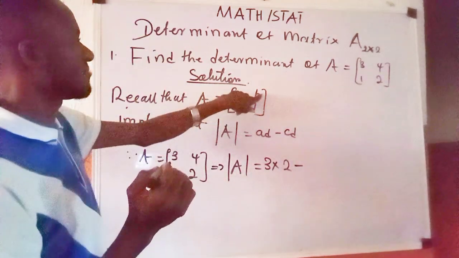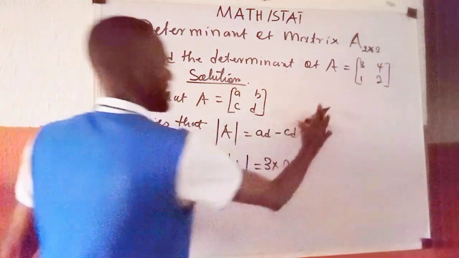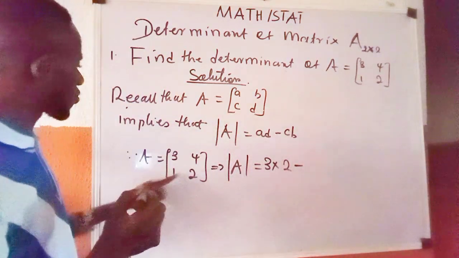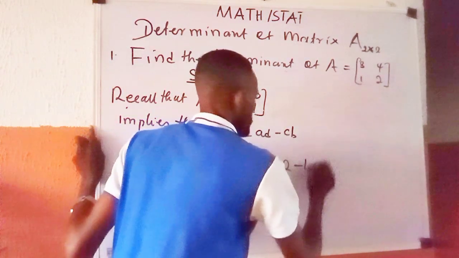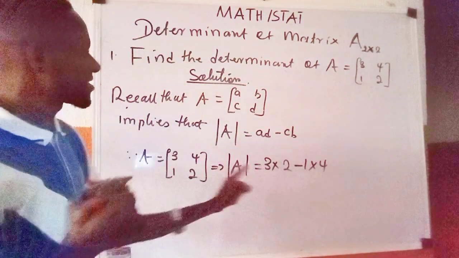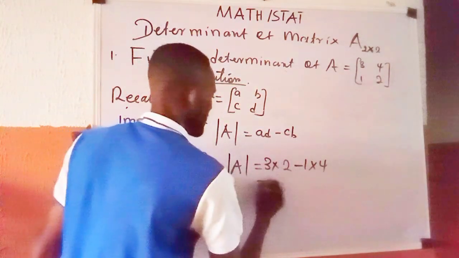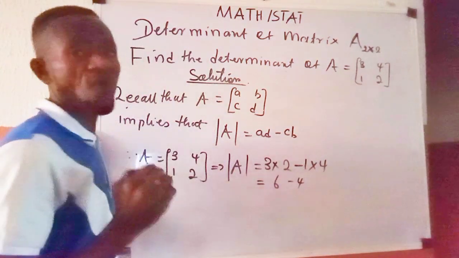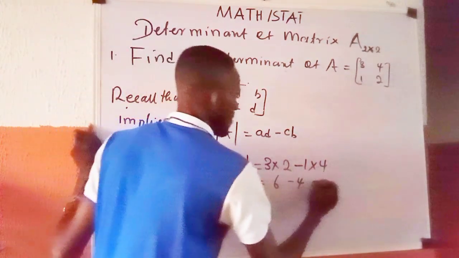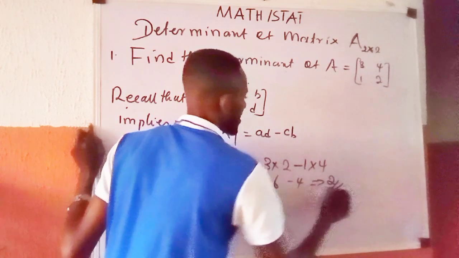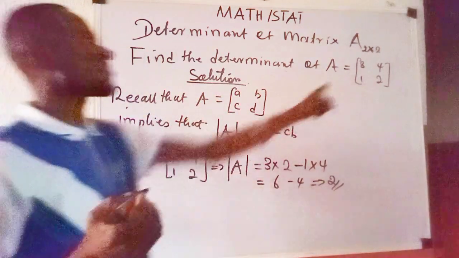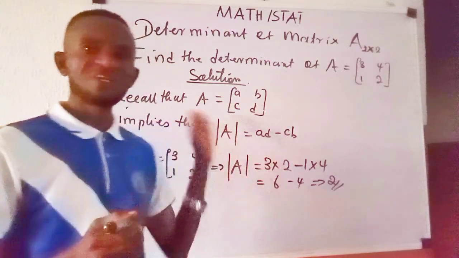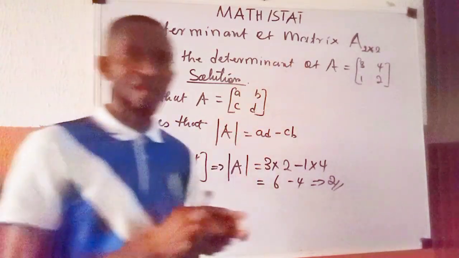Here was CB, which is 1 multiplied by 4. So 3 times 2 gives 6, minus 1 times 4 gives 4. And 6 minus 4 implies that the answer is 2. So the determinant of this matrix is 2. It's just the product of the leading diagonal minus the product of the minor diagonal.